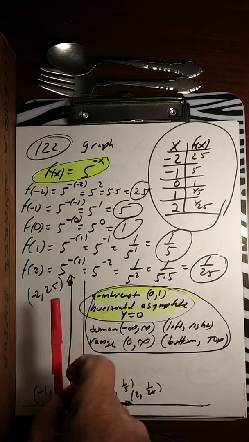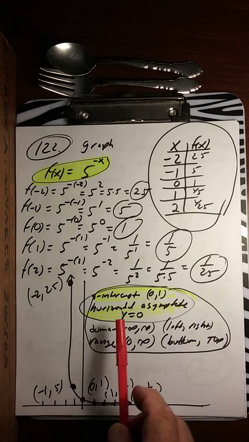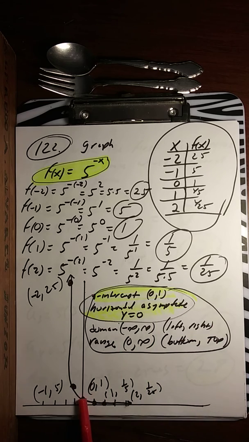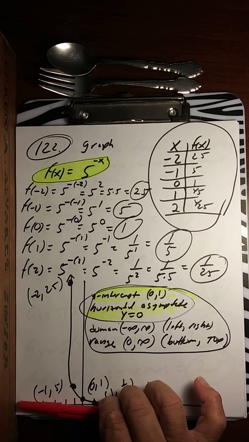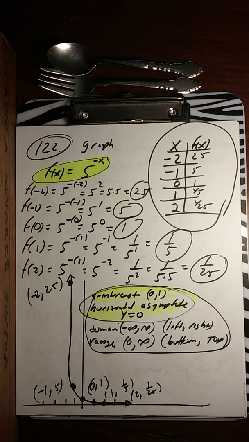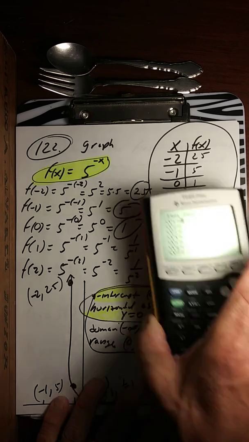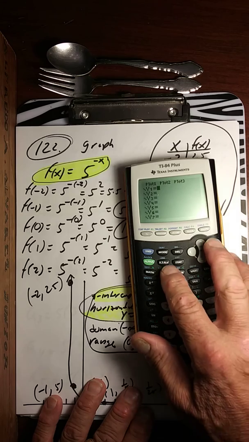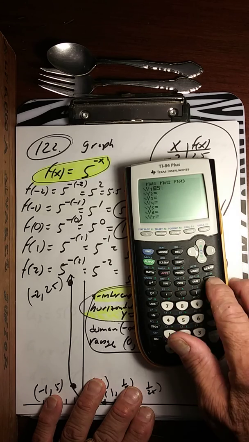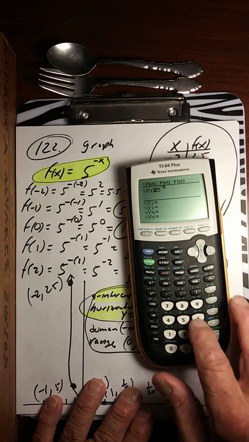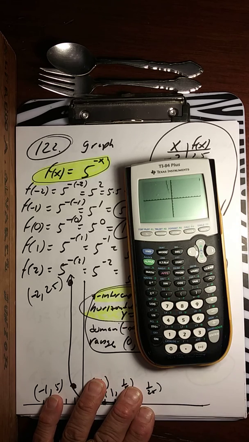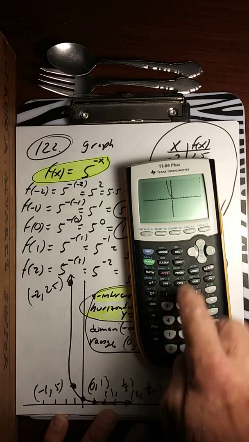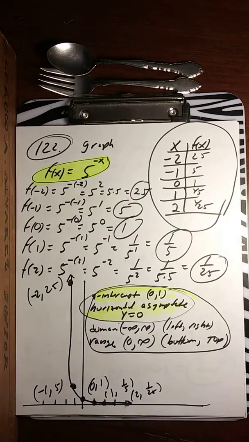Domain, negative infinity to infinity, range is from 0 up, the y-intercept is 0, 1 right here. And the horizontal asymptote is y equals 0 right there. It doesn't go below that. Can we put it in the calculator? Yes, of course. Put it in the machine. 5 to the power of negative x. Graph. There it is. Starts here, goes down.